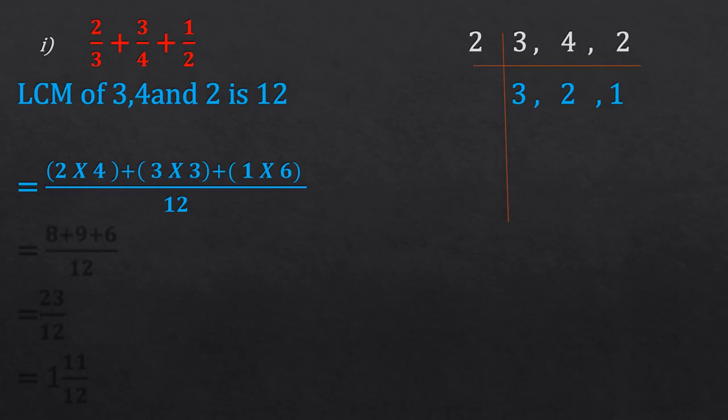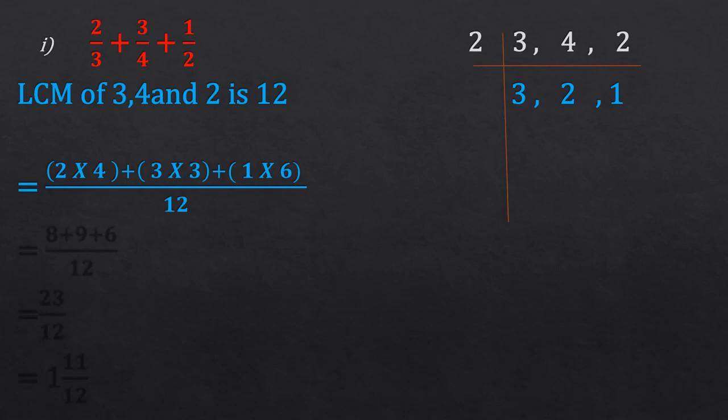Now take the second fraction. Divide 12 by the second denominator 4. 4 3s are 12. Multiply this 3 by the numerator, that is 3. 3 multiplied by 3. Then plus sign. Then divide 12 by the third denominator, that is 2. 2 6s are 12. Multiply 6 by 1. Okay.